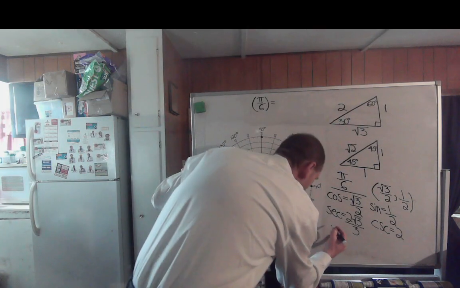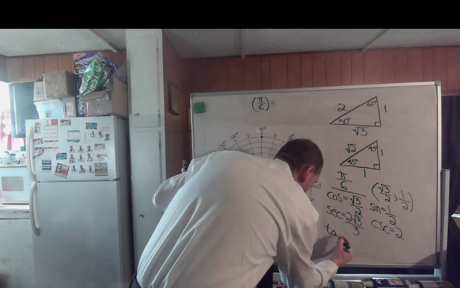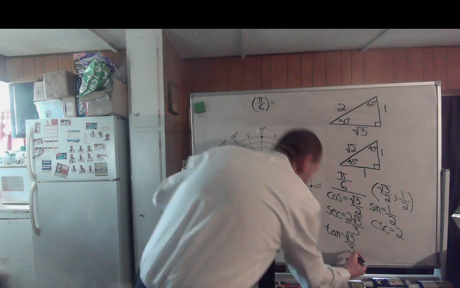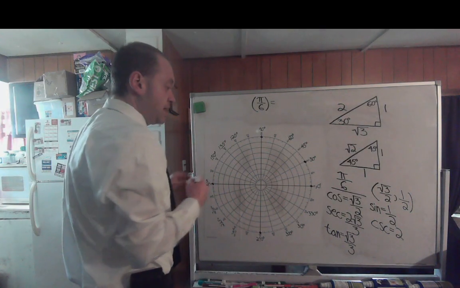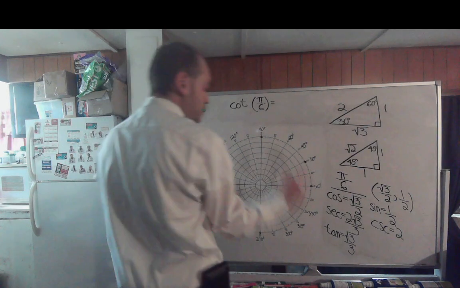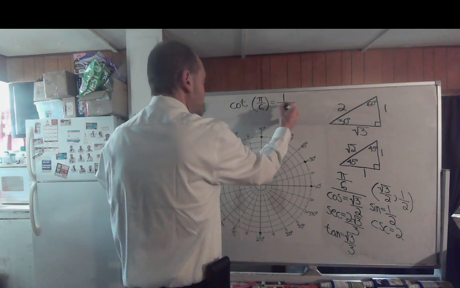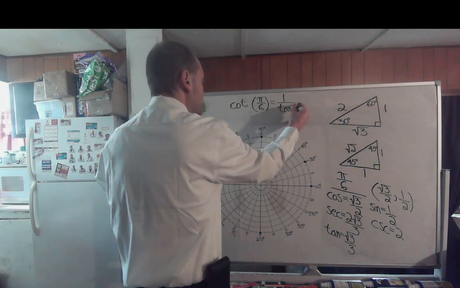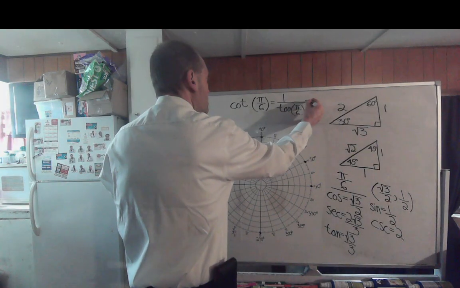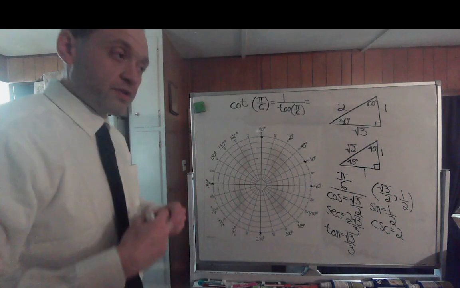So that would be 1 over the square root of 3, which would turn into the square root of 3 over 3. And then now, of course, we can find the cotangent by taking 1 divided by the tangent of pi over 6, which would be 3 over the square root of 3.